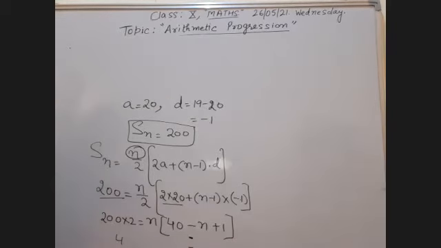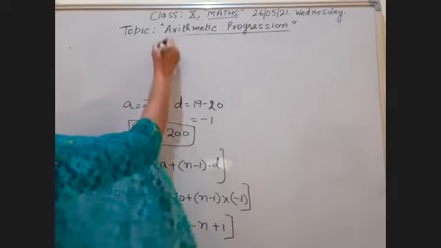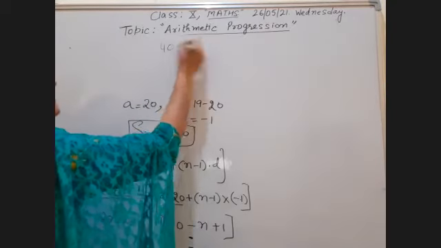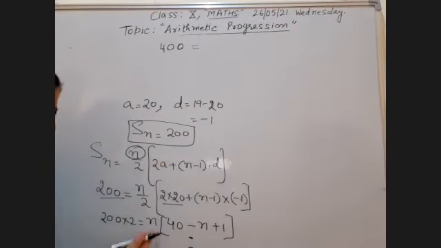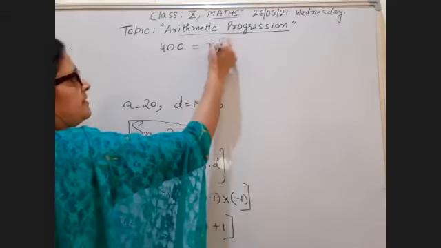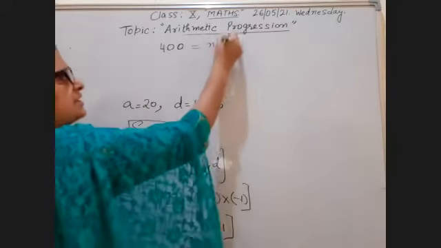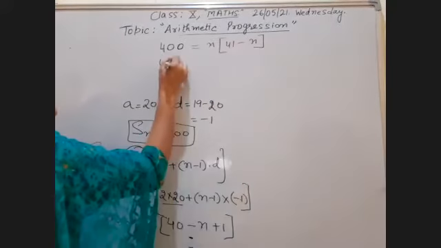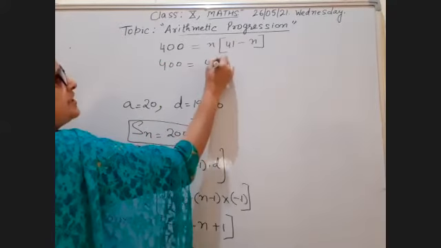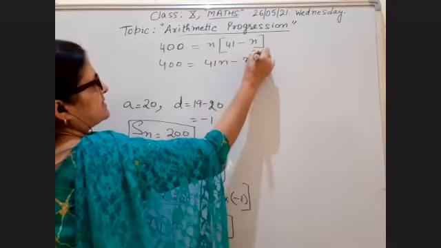Now you multiply it, 200 into 2 is equal to 400. 400 equal to n times the bracket 40 plus 1, that is 41 minus n. So 400 equal to 41n minus n square.